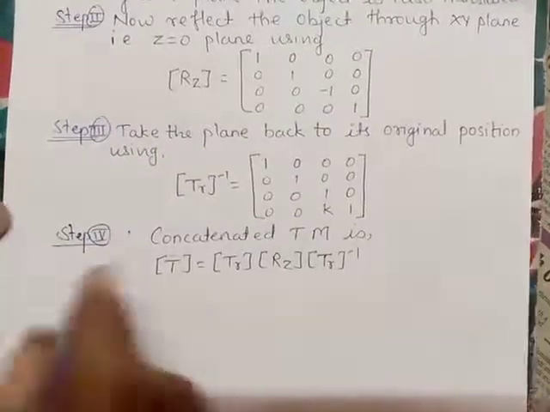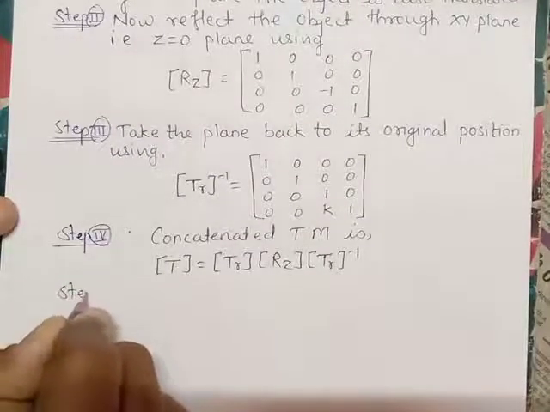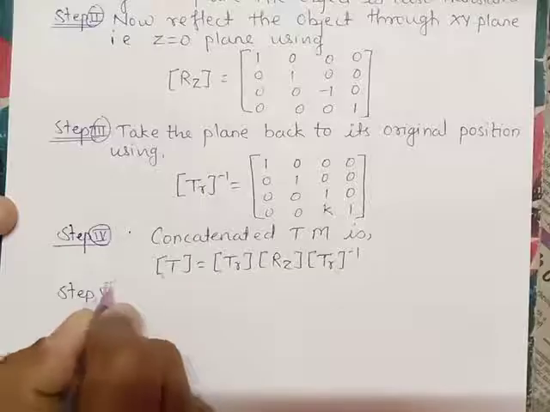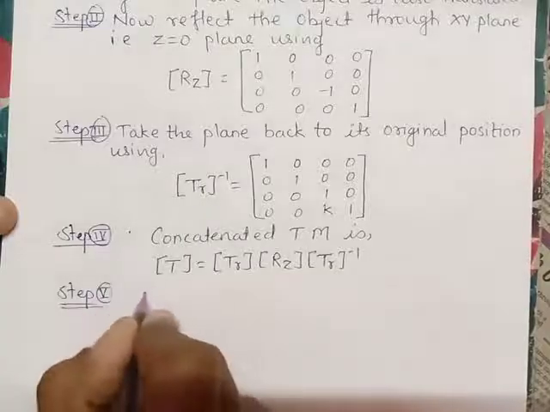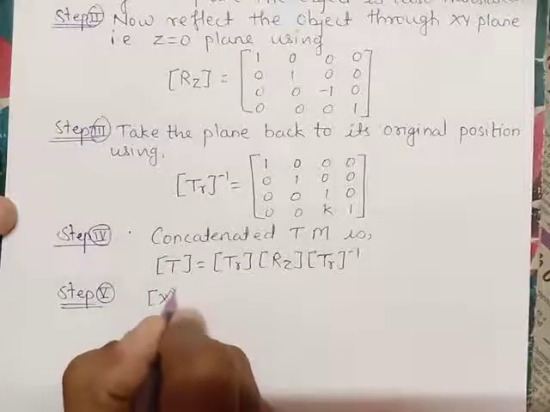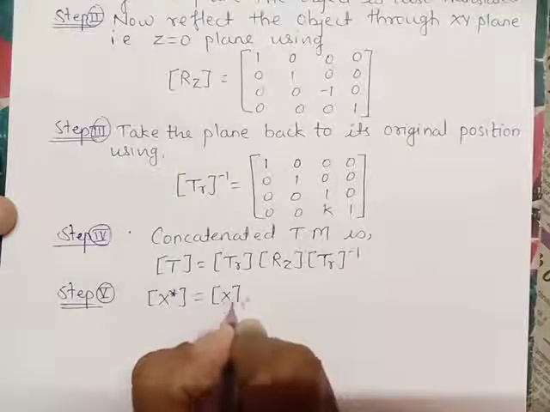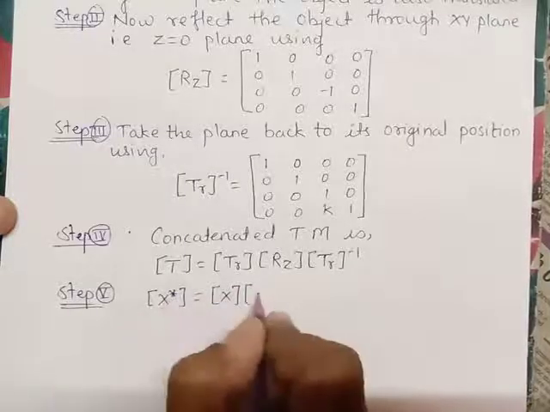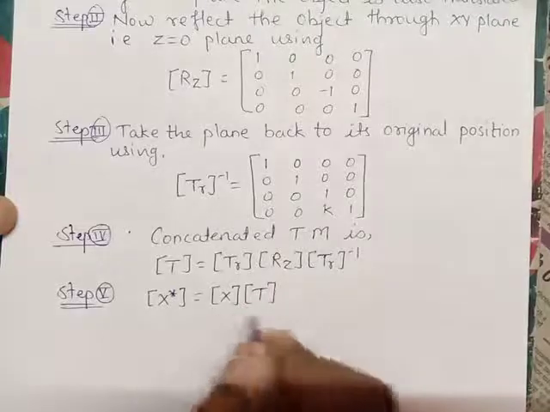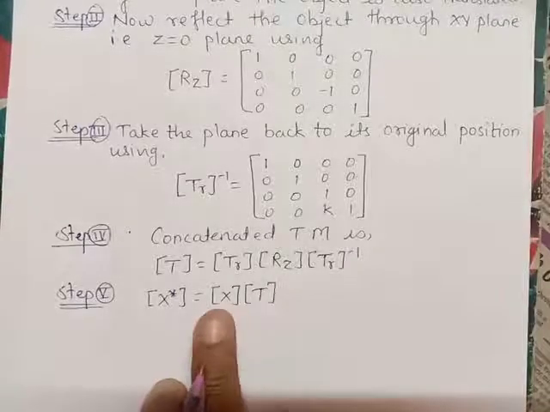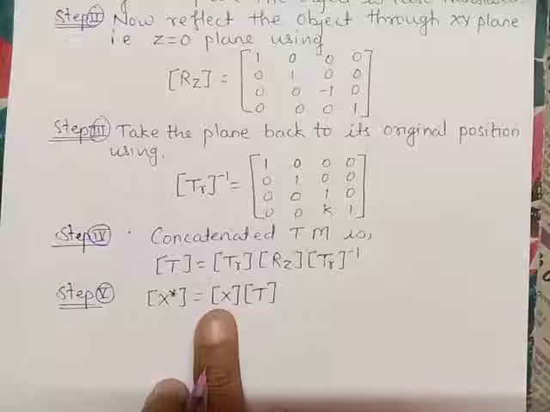And step 5, simply we have to obtain the reflected, that means the transformed object. Apply T on the original object X.